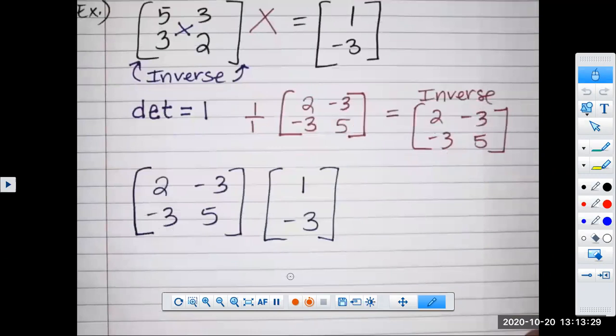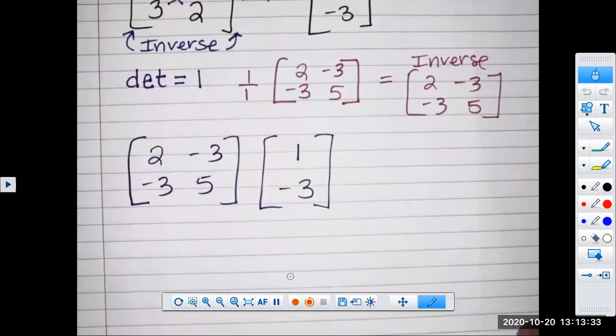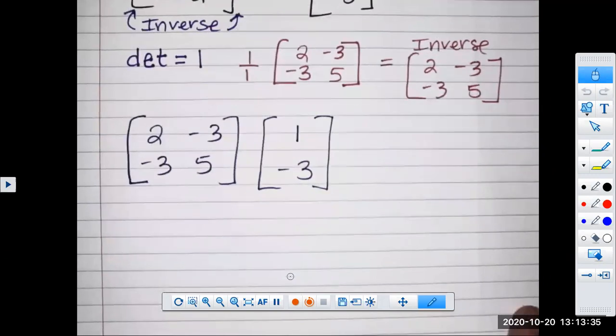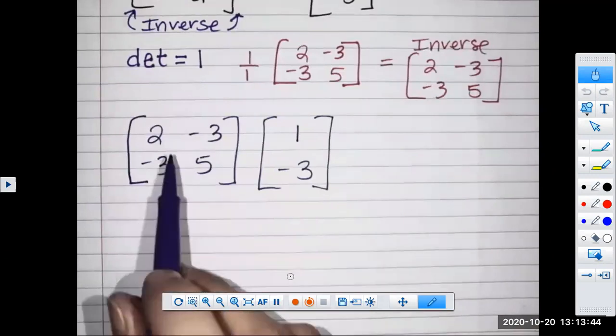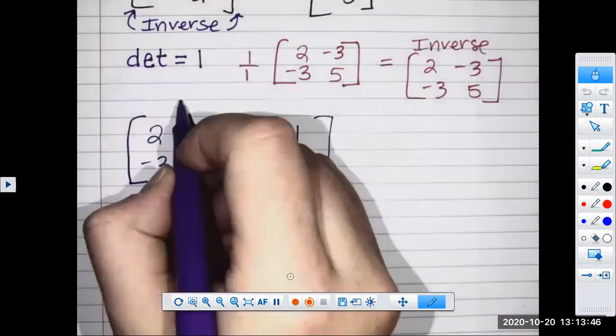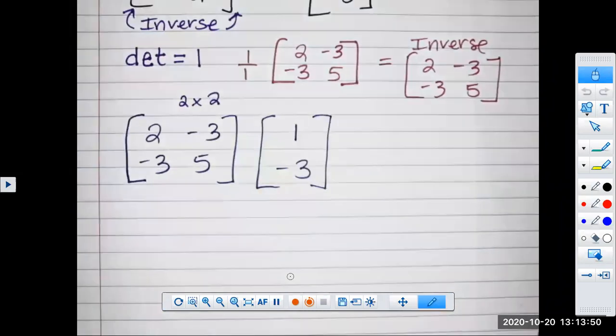Do you guys remember how to check and to see if you can multiply matrices? There's something you have to check. What's your dimensions or order of this? This is a 2 by 2, and this is what? Be careful.